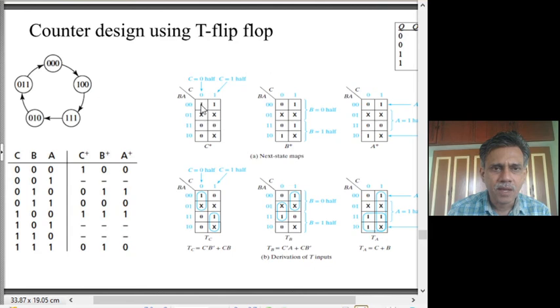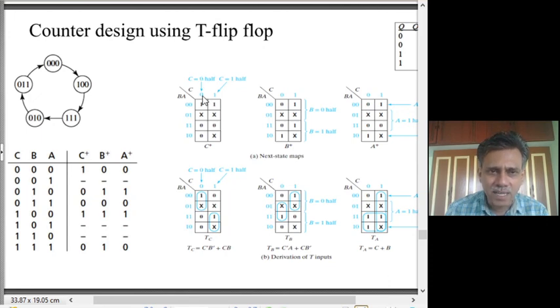Next, C is equal to 0 for this entire column, and here we have a 1. It means C plus is 1. So when C is 0 and C plus is 1, the C flip-flop toggles. For that to happen, TC has to be 1.